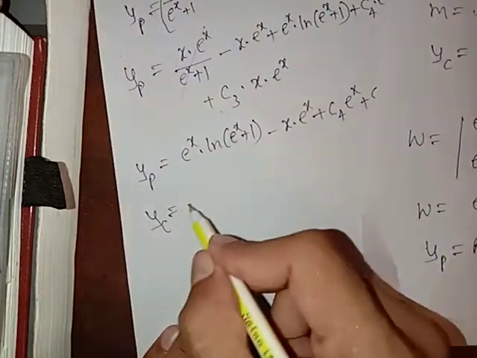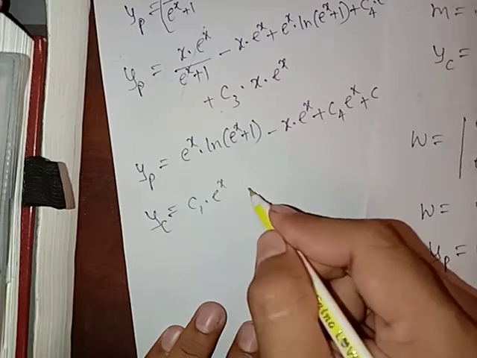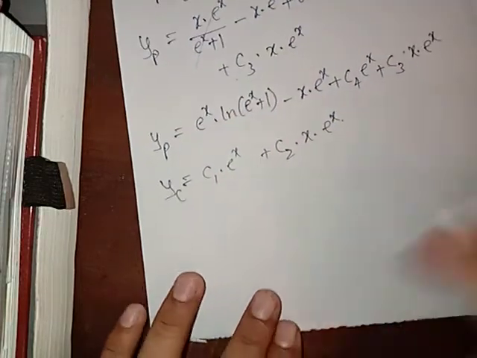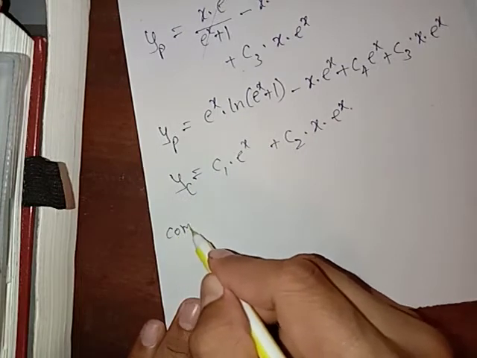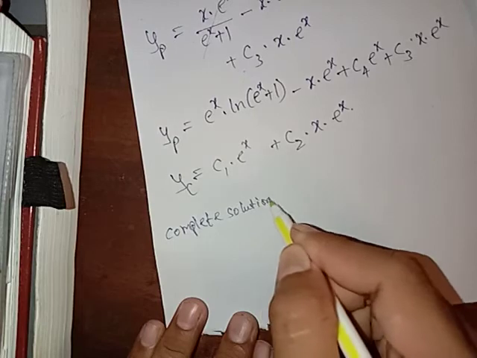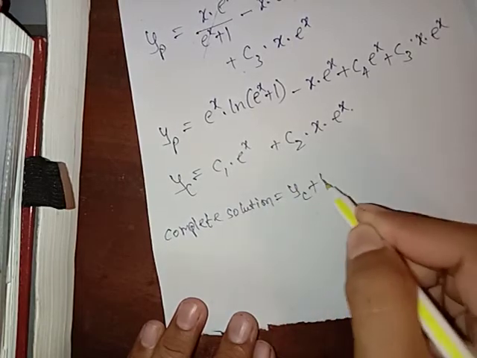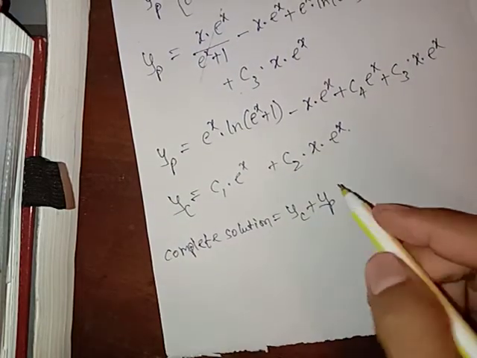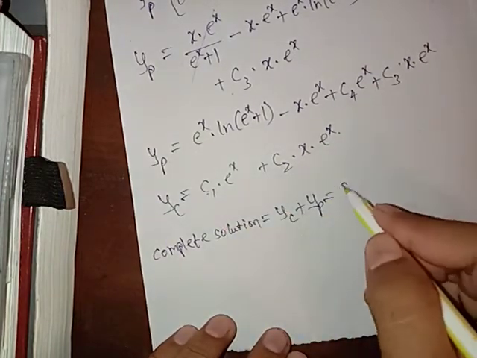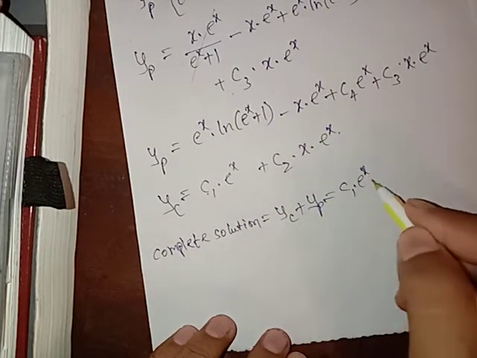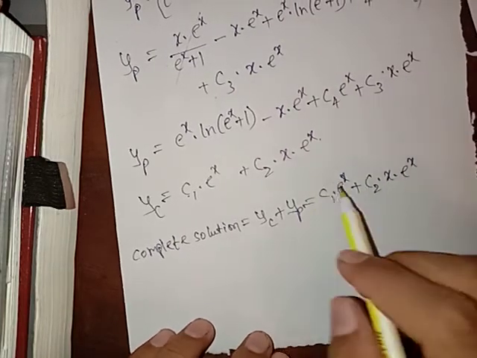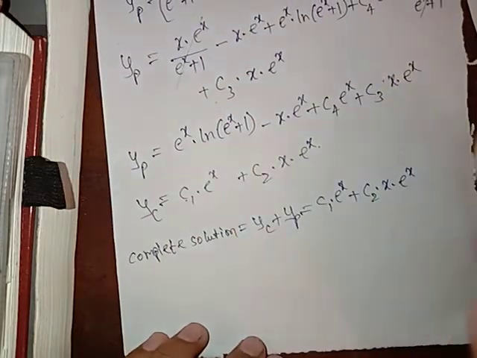Now the complete solution is yc plus yp. Now yc means c1 into exponential of x plus c2 into x into exponential of x, plus yp, this one.